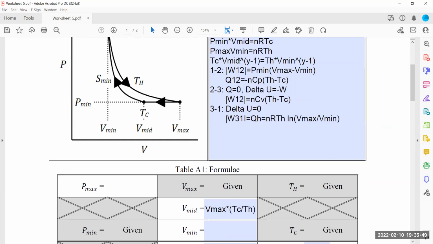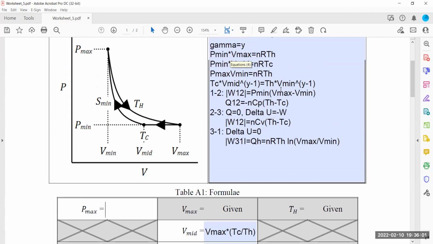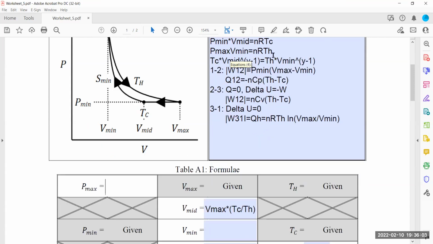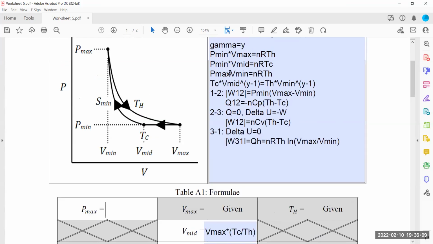We just found V mid in terms of V max using this equation. Now we should be able to use, yeah, V min and V mid. We could have used this one actually to find also V mid in terms of V min. Now we need to find this pressure, okay?